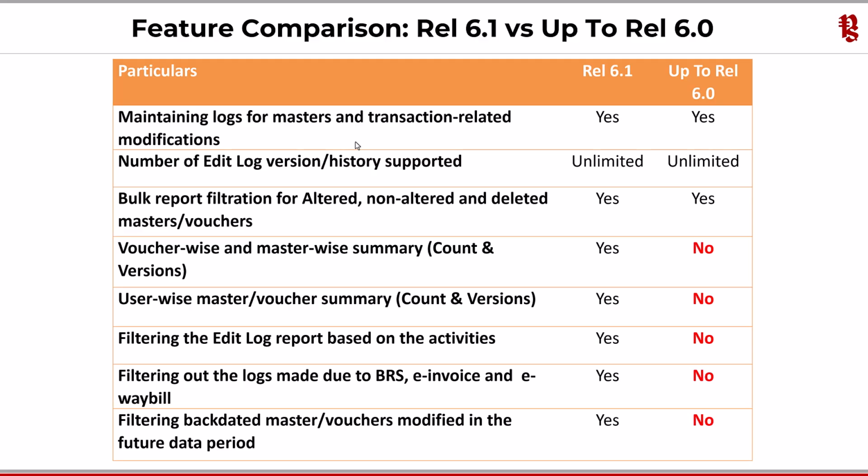So again it's an alteration. Similarly, the e-way bill. Now you have an option to filter out these logs because these are not a case of exception or fraud. So you can filter out the logs of BRS, e-invoice, e-way bill, and also in case of companies conducting synchronization. So that's the new feature that has been provided.